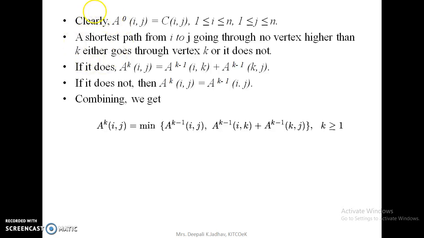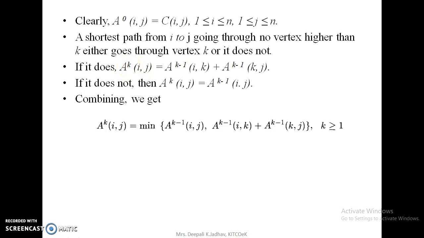A shortest path from i to j going through no vertex higher than k either goes through vertex k or it does not go through vertex k. If it goes through vertex k, then A^k(i, j) is equal to A^(k-1)(i, k) plus A^(k-1)(k, j), means it indicates that this path goes through the vertex k, that is from i to j.